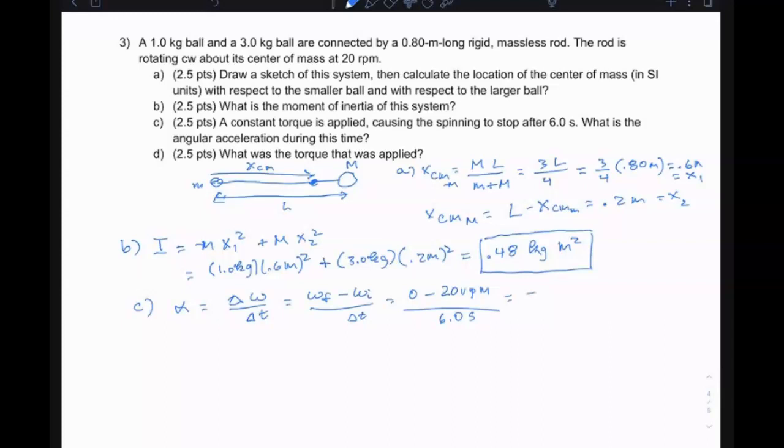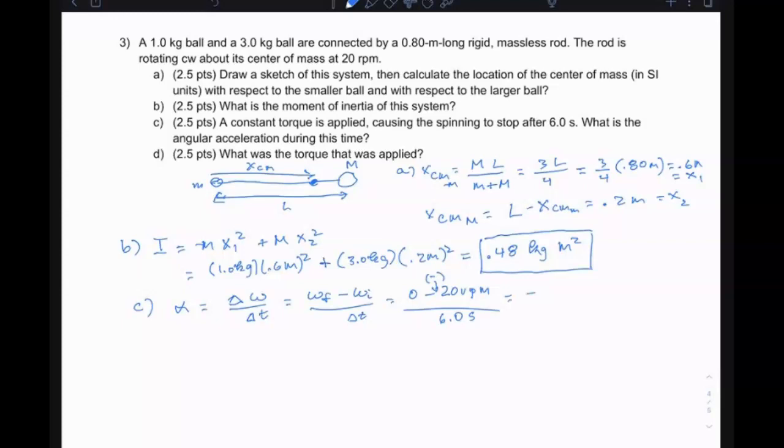And I'm going to insert a negative sign in here because this is a clockwise rotation. So our initial angular velocity is negative 20 RPM.